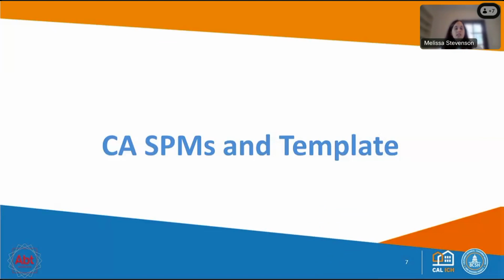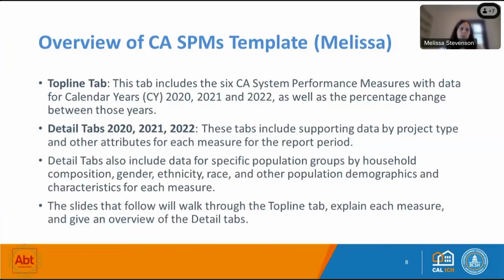So I'm going to go into the California system performance measures, so the SPMs, as well as the template that you have received and you will receive in the future with the data for your SPMs. So first, an overview of the CA SPMs. The template's top line tab includes all of the 6 system performance measures.